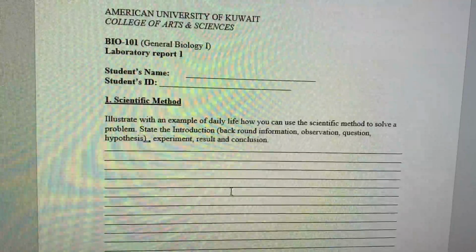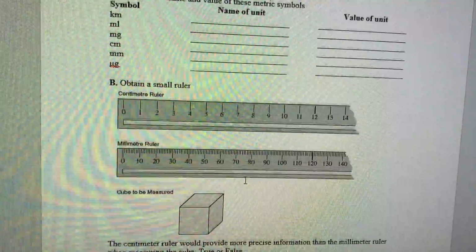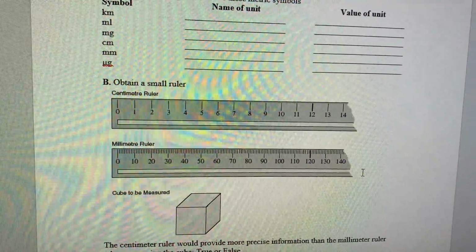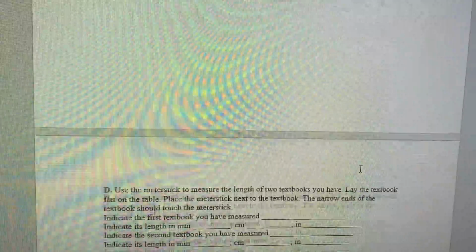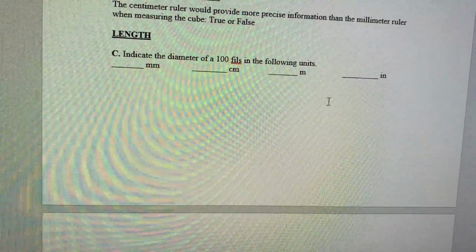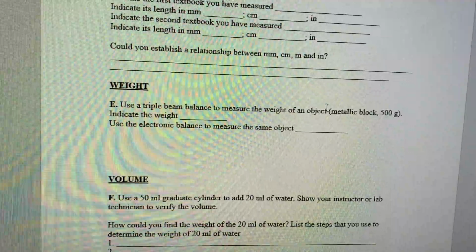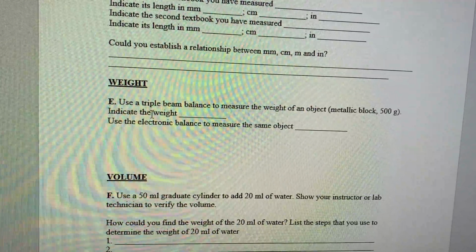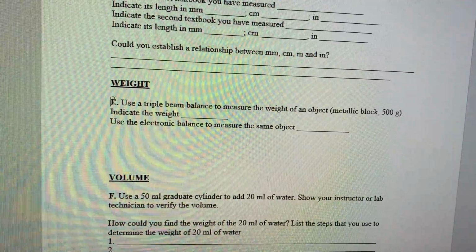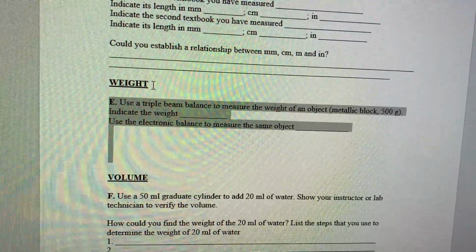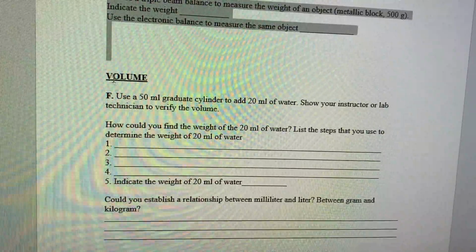Now, we will end up doing this assignment, which you will submit through Moodle, and the conversion you can do back at home. I will just give you hints. I will perform the weight with you in class, along with volume.